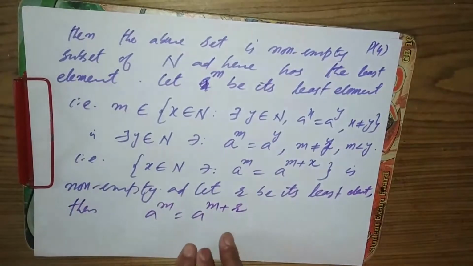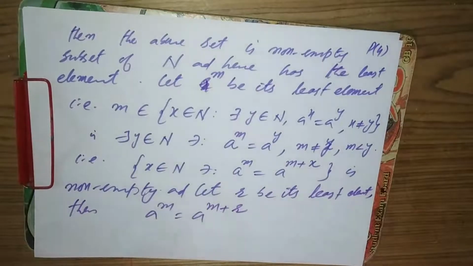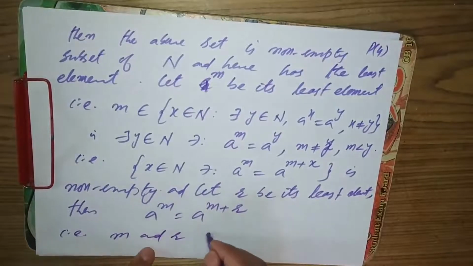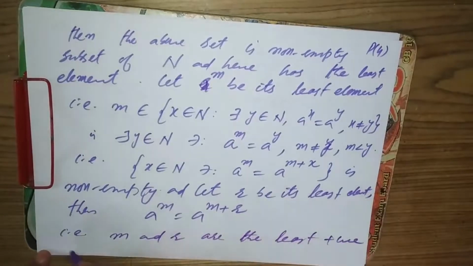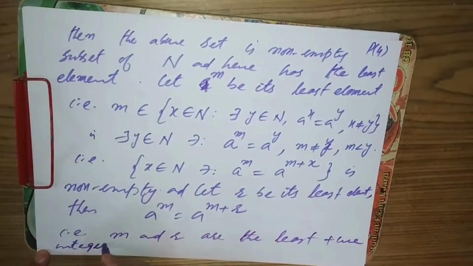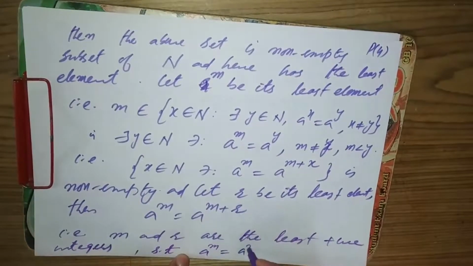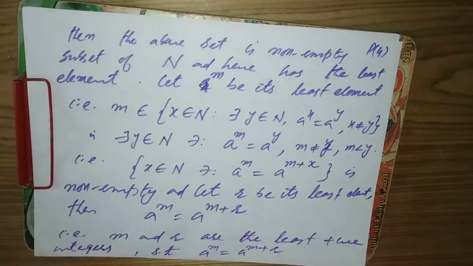So m and r are the least positive integers such that a power m is equal to a power m plus r. They are the least positive integers. And this least positive integer m is called the index of a.